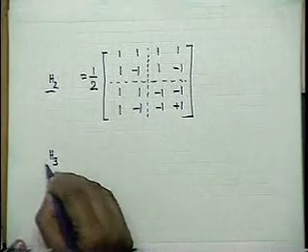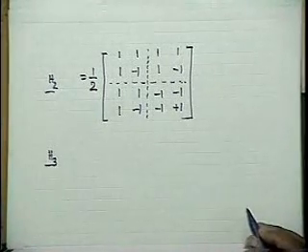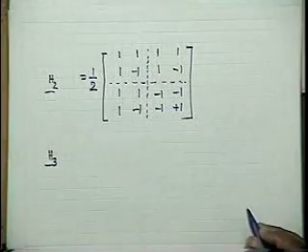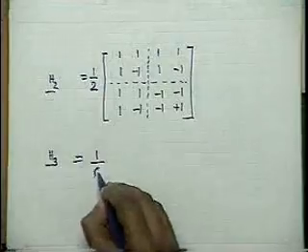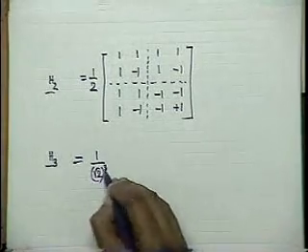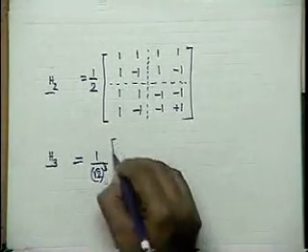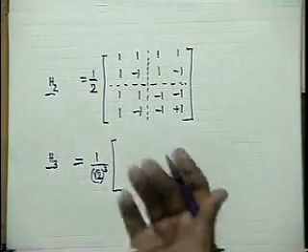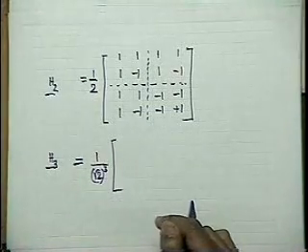Alright. If I want to compose the Hadamard matrix of third order, that means an 8 by 8 matrix, can you tell me what will be the composition of this matrix? First comes the normalizing factor, 1 by root 2 cube. And what are the elements of the Kronecker matrix after forming the Kronecker product?